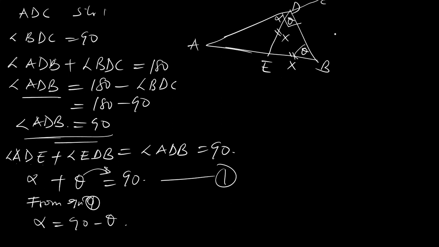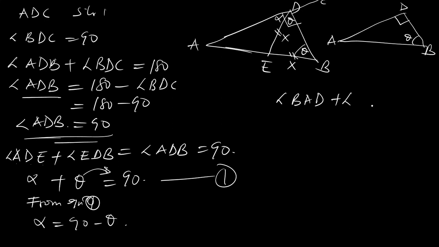Now if we also look at this triangle, you have here B, here A, here D. Here is theta, and here is 90. The sum of angles in a triangle is 180. So angle BAD plus angle ABD plus angle ADB is equal to 180.